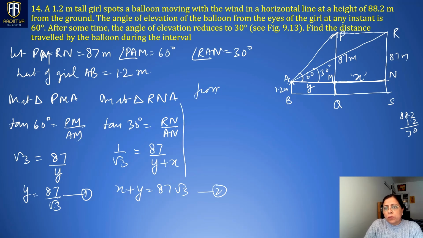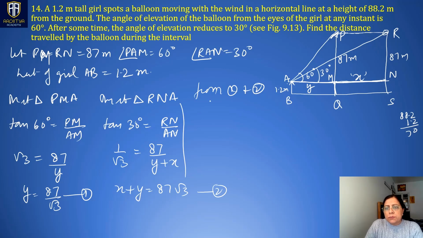Now from equation 1 and equation 2, we need not find the value of y because it is not required. They haven't asked this question. Find the distance traveled by the balloon. We only have to find x, the horizontal distance that the balloon has moved from point P to point R, which is equal to x.